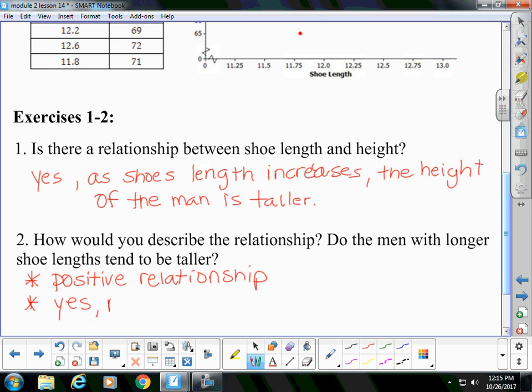Yes, men with longer shoes tend to be taller.